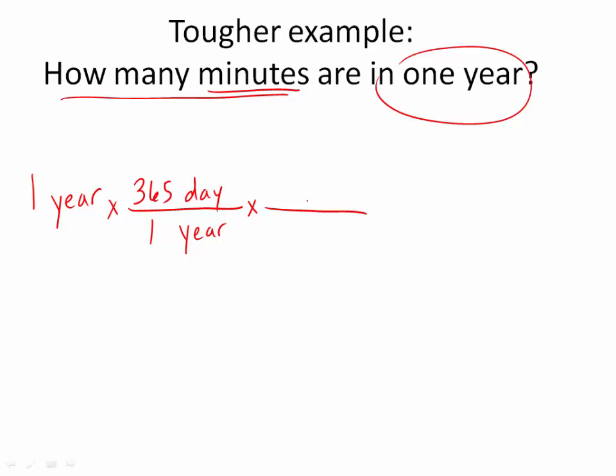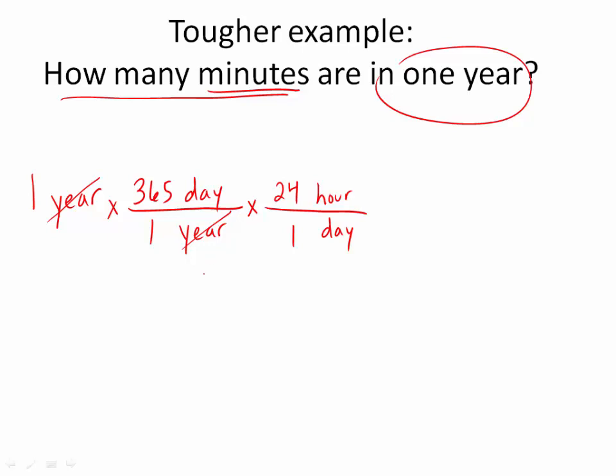Good, so days would need to go on the bottom. And how many hours are in a day? We know there are 24 hours in one day. And I just committed a simple mistake. Well, not a mistake really, but I really would suggest as you go, whenever you see a unit on the top and the bottom, cancel it out. It's gone.